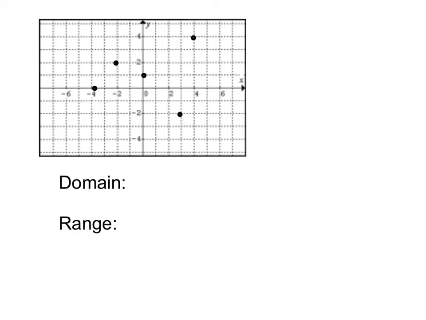It's negative 4, it's also negative 2, it's also 0, it's 3, and it's 4, but it's not everything in between, because that would mean it could be negative 3, it could be 1, and none of those points are in your domain. So this one you have to specifically write that your domain is negative 4, negative 2, 0, 3, and 4. So it's all of those x coordinates of those points, but not an inequality.